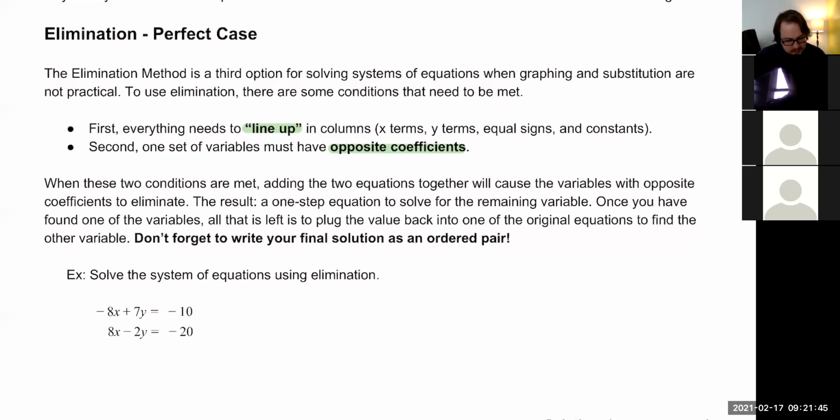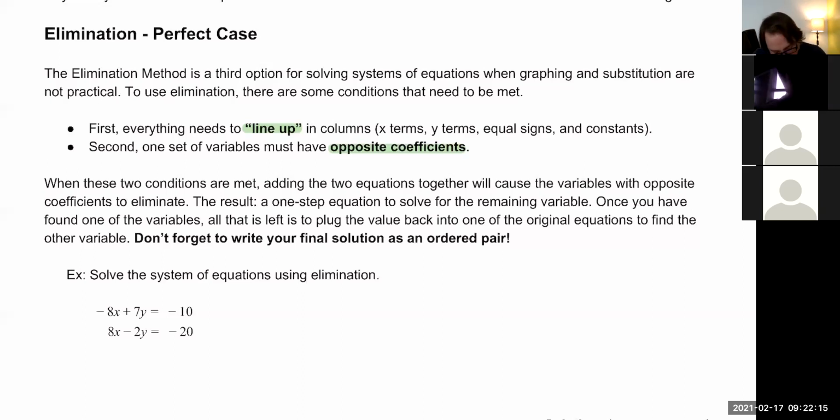And the reason for this is when these two conditions are met, we're going to add the two equations together, like I said, as if it were just a typical addition problem. And what we're left with is just a one-step equation that allows us to solve for one of the two variables. Now, once you have that variable, it's pretty quick and easy to just drop it back in, find the second variable, and write your ordered pair.